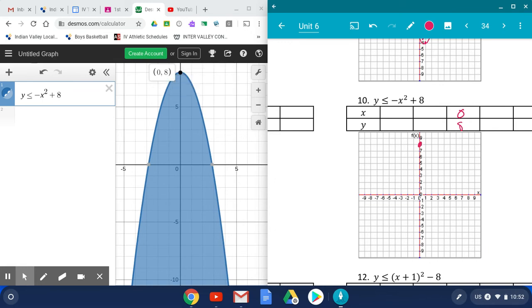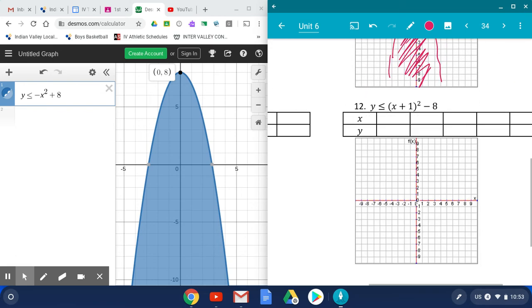So I've got 1, 7, and negative 1, 7. Let's find another one. There it is, right there. Looks like 2, 4, and negative 2, 4. Okay, I have a solid line. And it's shaded in between, or inside, of the parabola.